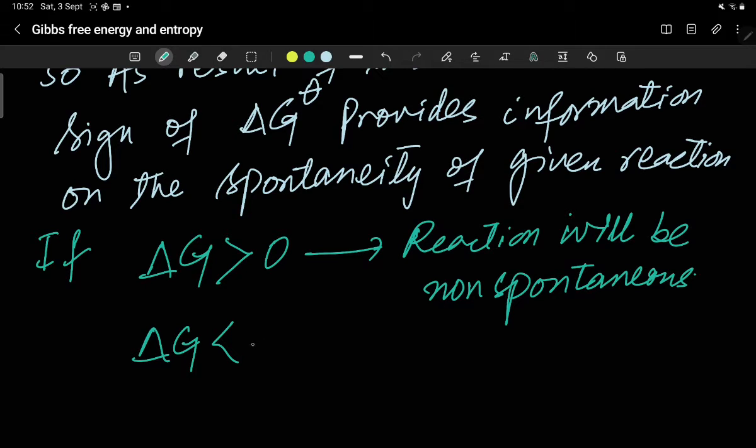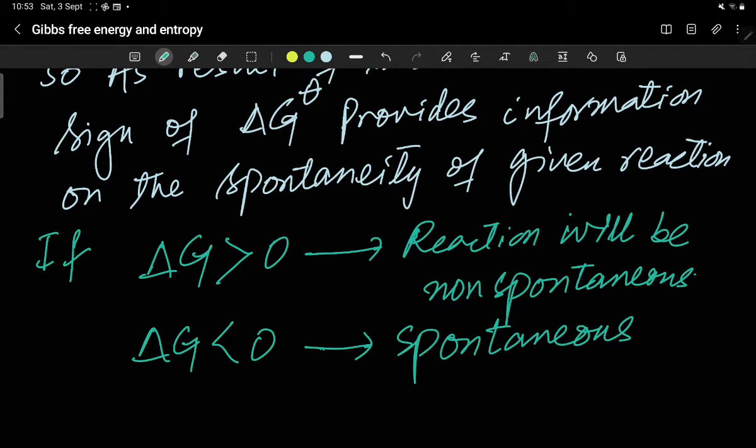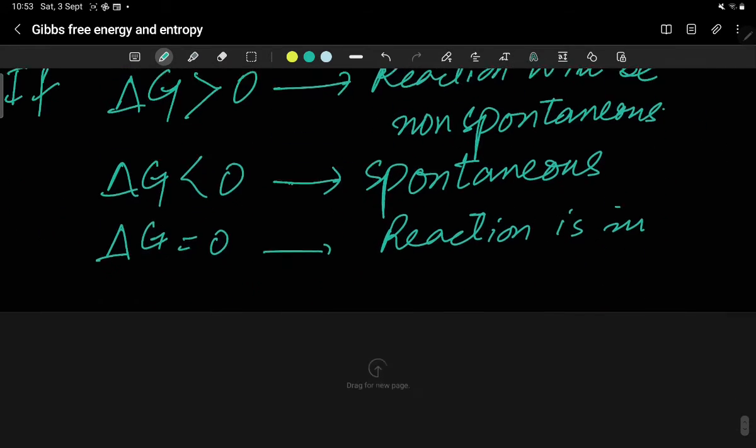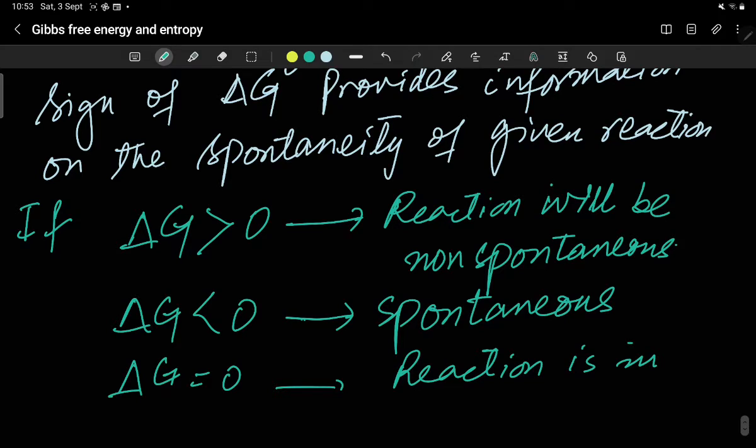If delta G is less than 0, the reaction will be spontaneous, or feasible. If delta G is equal to 0, the reaction is in a state of equilibrium.